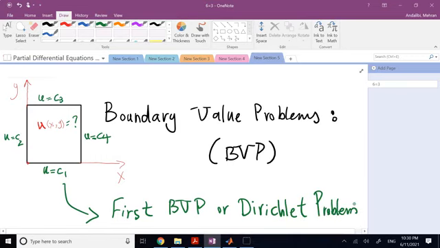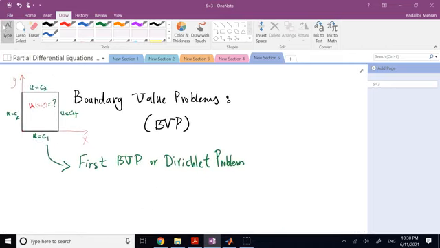So if you hear a Dirichlet boundary value problem, it means the value of the function, whatever it is, let's say in the case of temperature distribution, the temperature is set and fixed at the boundaries. Okay, that's the first BVP type.